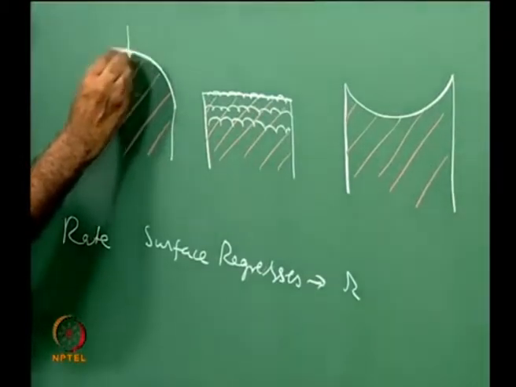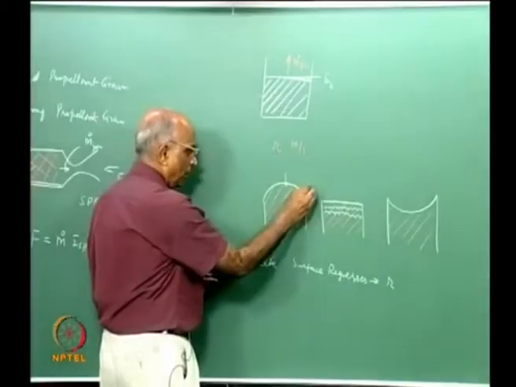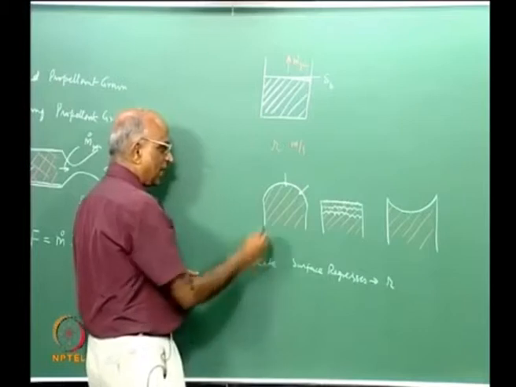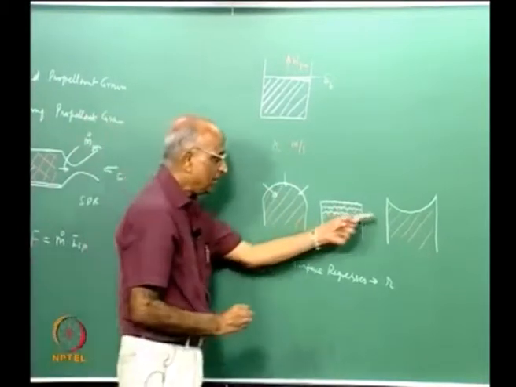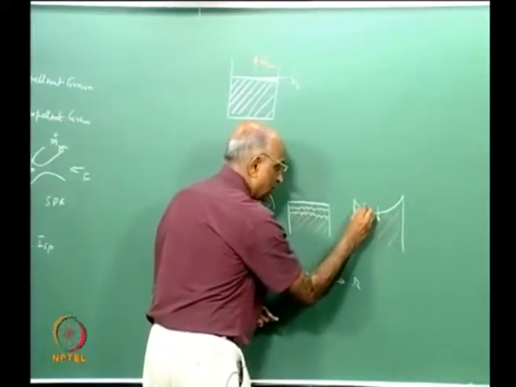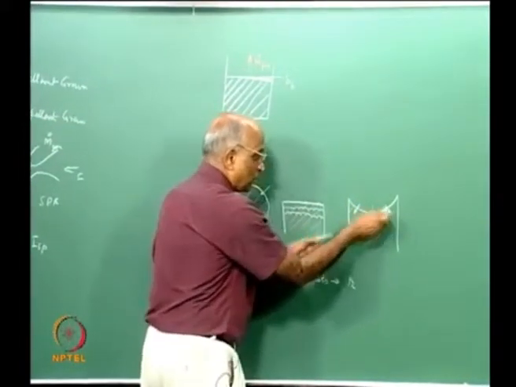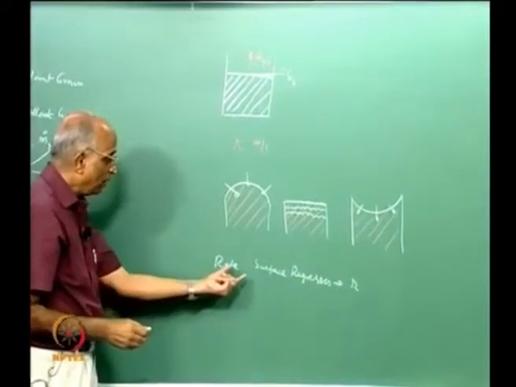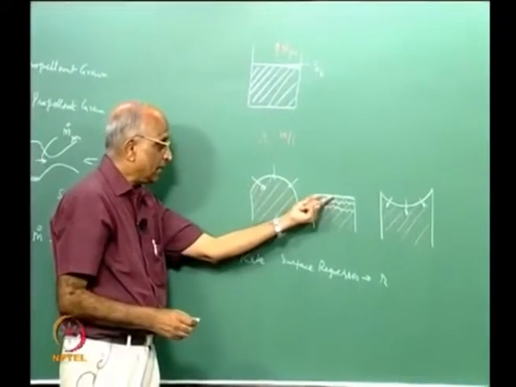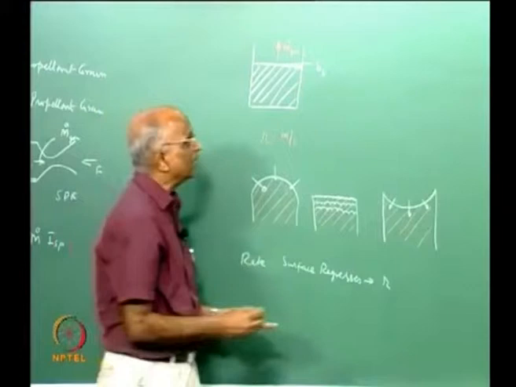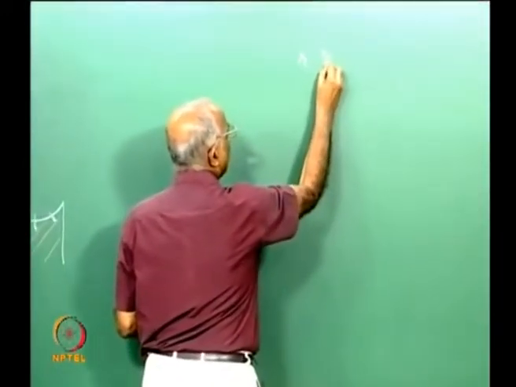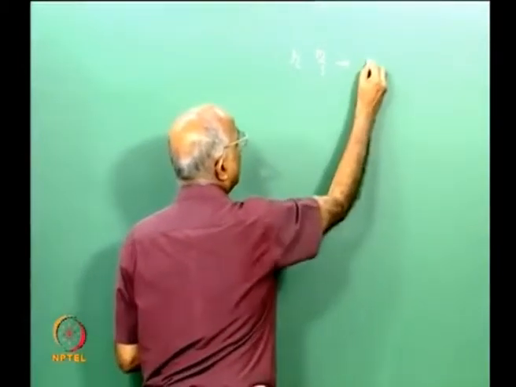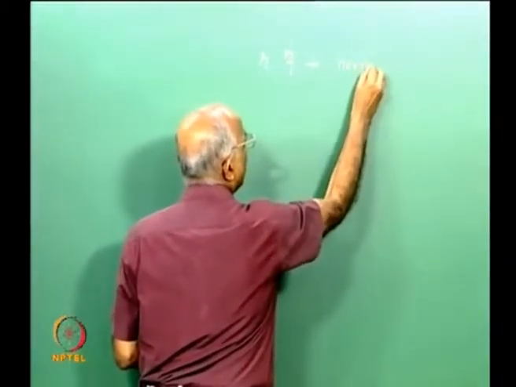Over here the surface regresses in this direction, over here in this direction, and in this case too the direction normal to the surface is what constitutes the burning. Therefore we take the burning rate as normal to the surface. When I say a propellant burns at the rate r meters per second, I assume that the burning is normal to the surface.